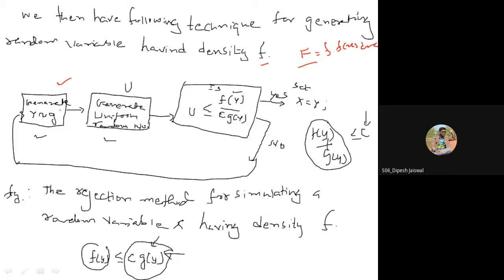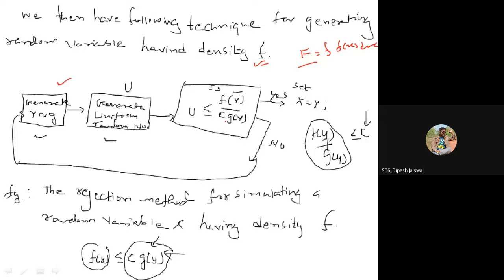So g is some known function, and we generate random numbers from g, and after that we generate one more random number called u. If u is less than or equal to f(y) upon c g(y), where f is the desired function and g is the function we have assumed, then we say that whatever the value of y is, it is nothing but x. That means your number is generated.